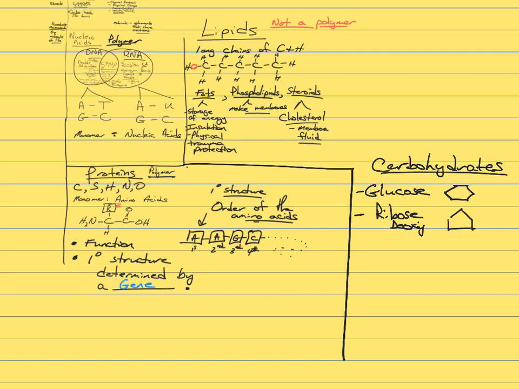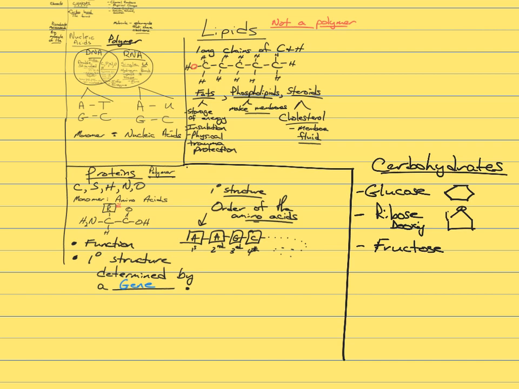That's five-sided and 5 carbons, with an oxygen in the center. Remember, each connecting point is a carbon. So that's a ribose. You might remember fructose, which is also 5-sided, even though it's still a hexose. It's still 6 carbons. It just has 5 sides, but that's all.